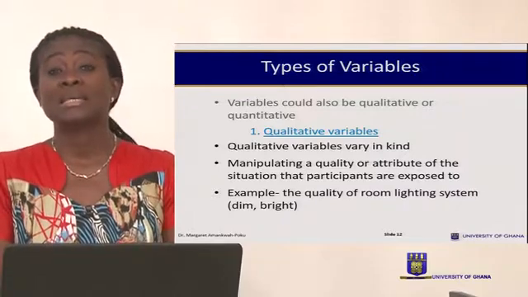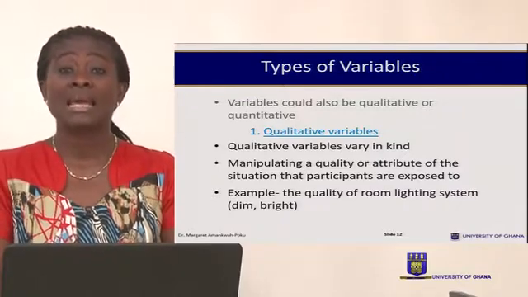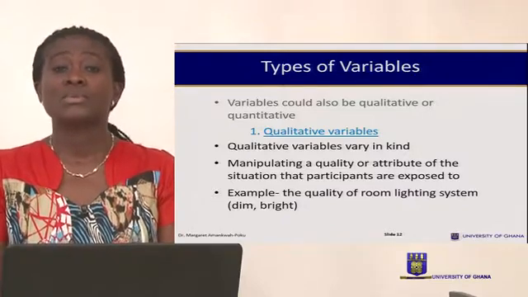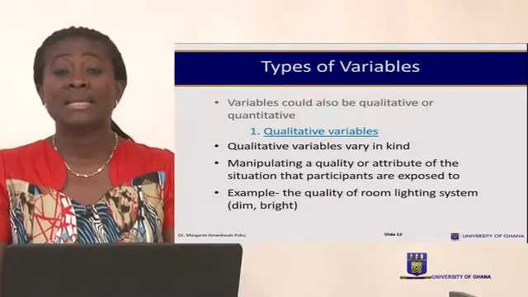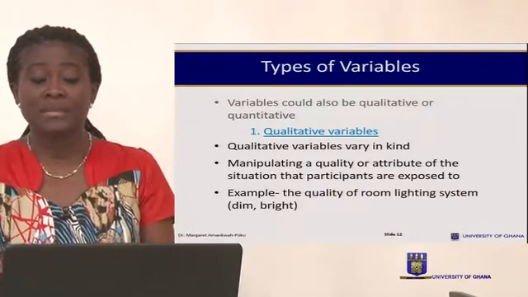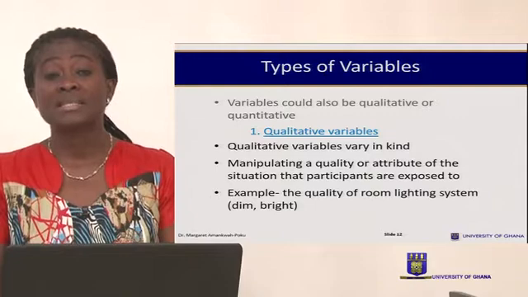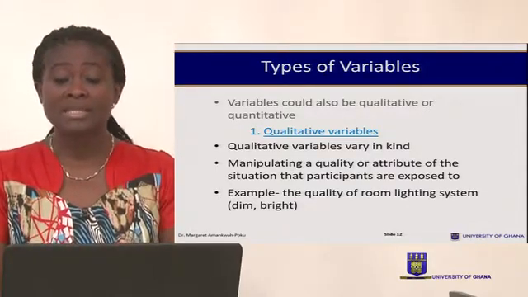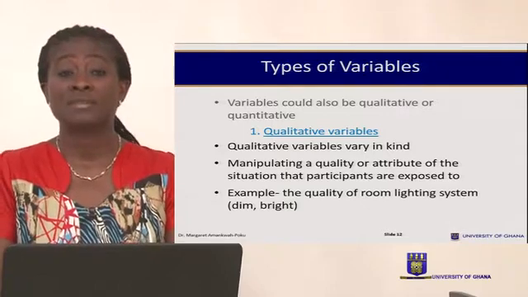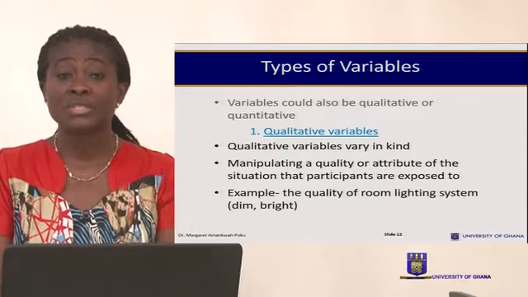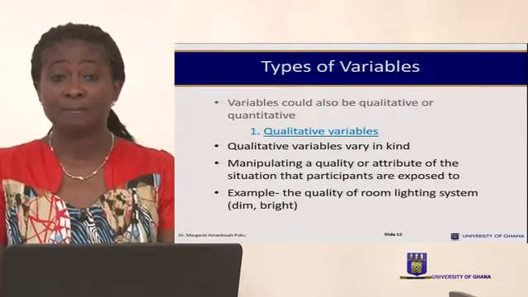So we can say that we will have the experiment in a dim room or a brightly lit room. So room lighting in this case would be a qualitative variable. In the same way, if let's say we are investigating psychological illnesses, we could say that we are looking at different sorts of diagnosis. So those who have schizophrenia, those who have depression, etc., etc.